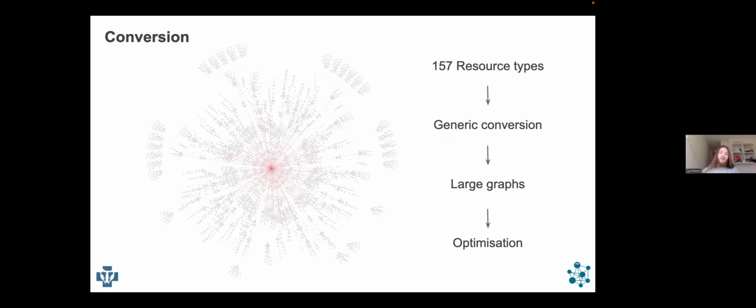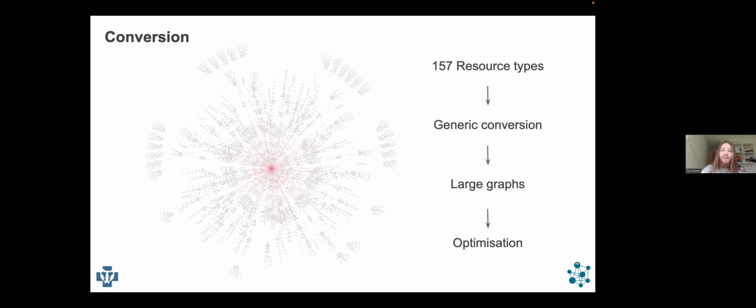But because we do this in such a generic way, and sort of follow the inherent internal structure of these raw JSON files, we often get quite large graphs, especially if we're dealing with patient bundles, meaning the patient resource at the center and all of the other different clinical entities connected to it, such as observations, medications, hospitals, practitioners, and so on and so forth.